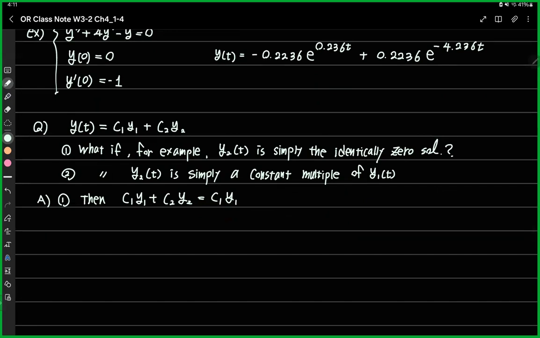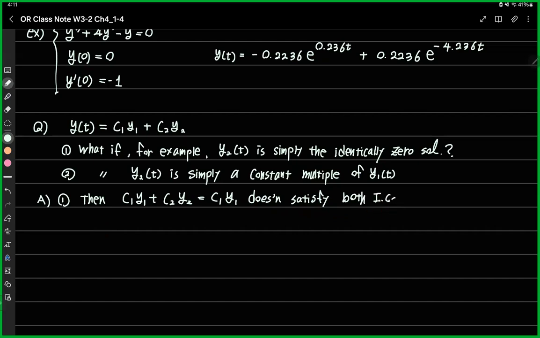So it cannot be expected to satisfy two initial conditions. So, for example, C1, that's one, doesn't satisfy both initial conditions.